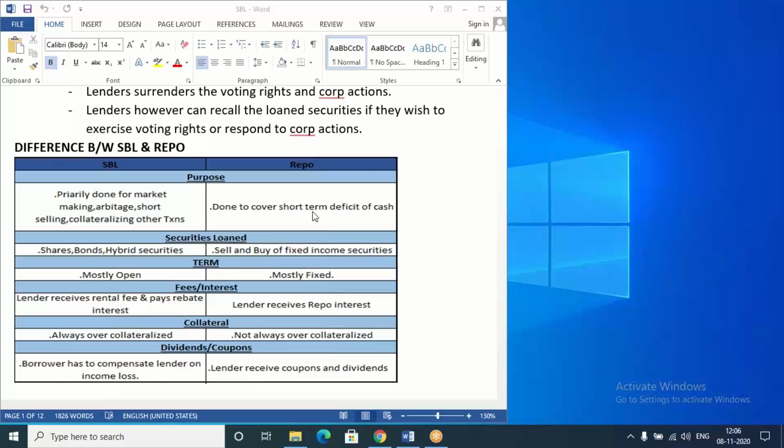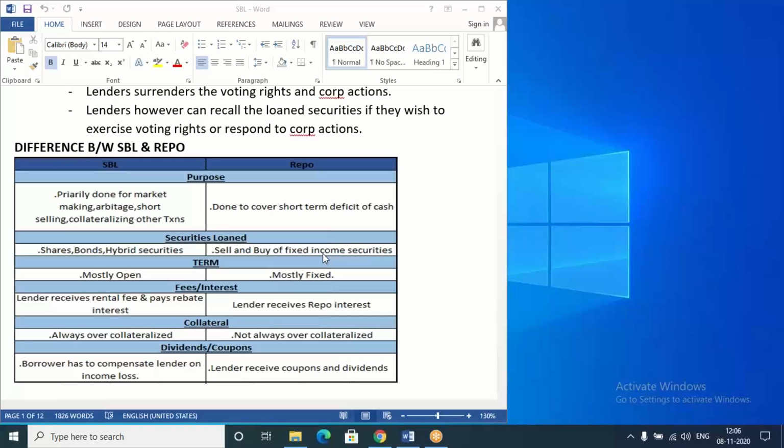Yes or no? Yeah. Now, types of securities that are loaned: shares, bonds, hybrid securities, your ABS, MBS. In a repo, it's primarily the borrower sells fixed income securities for which he gets cash. That is a repo. A reverse repo is a lender buys the securities for which he gives cash.